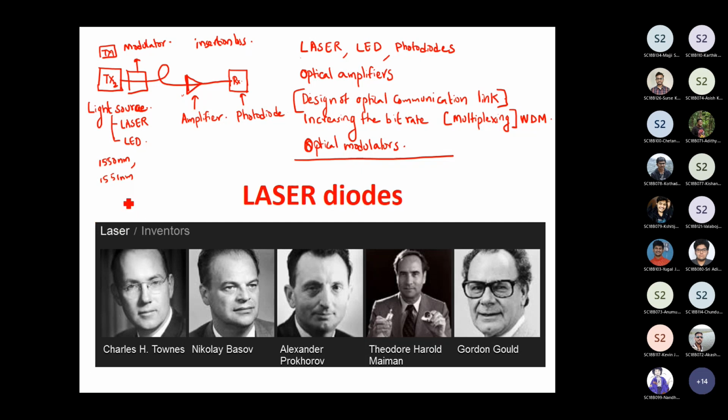Now all these signals, all these photons, will have to be combined and launched inside an optical fiber. You gather all these wavelengths and launch them simultaneously inside one fiber. The motivation for doing this is that you can increase the bit rate.